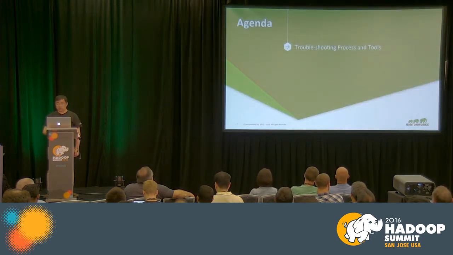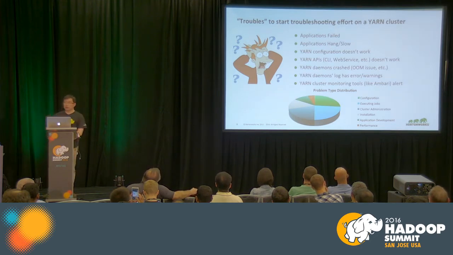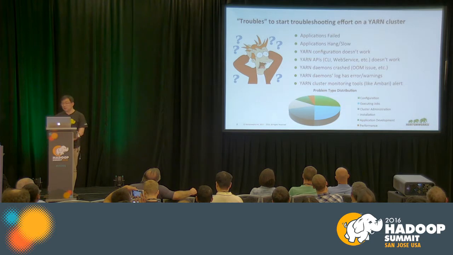So let's look at the troubleshooting process and the tools. When you start troubleshooting a problem on the YARN cluster, sometimes you find your application fails for some reason, or the application is very slow or even hung. Sometimes your configuration on the YARN cluster doesn't work, or you find an API doesn't work.